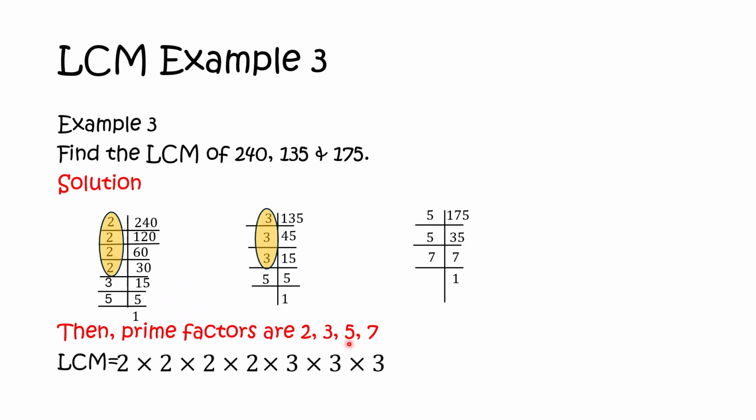We go for the 5. 5 appears the most in 175 and appears twice. Then the last one is a 7, which appears in just one number, 175, and once. We select that once. And then we multiply all of these prime factors to get the answer, 75,600. That was a huge number.